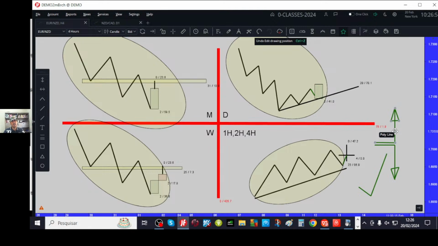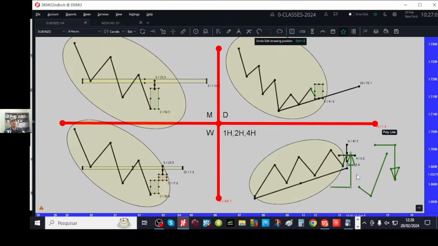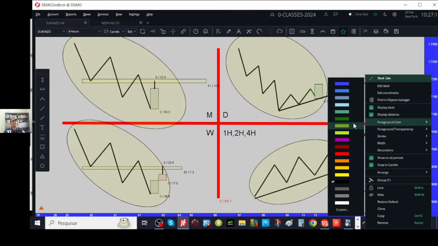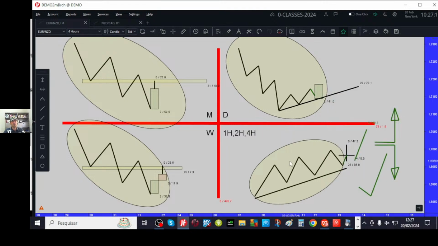What if I tell you that there is an 80% chance that this market is going to go up? The 1 hour, 2 hour, 4 hour chart, there is an 80% chance that this market is going to push up the next leg. Why, boss?